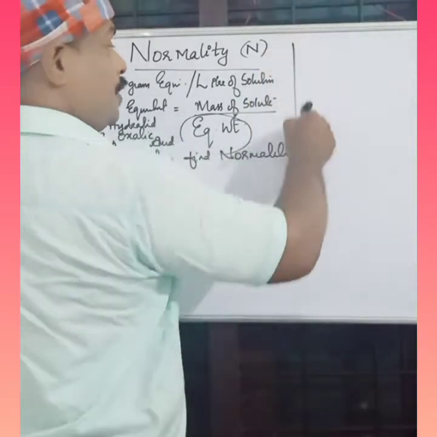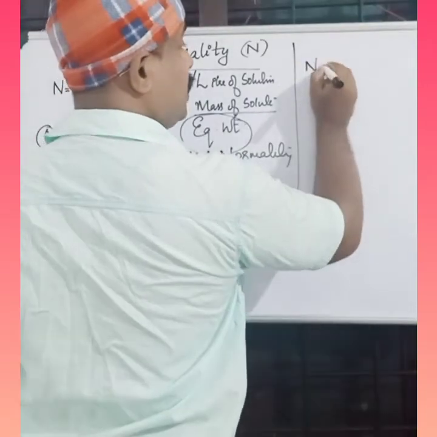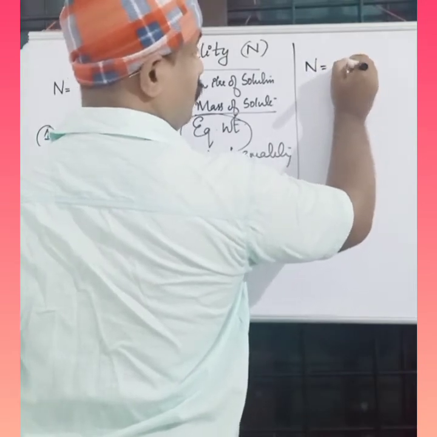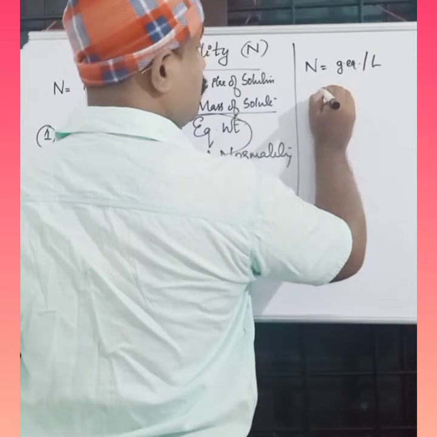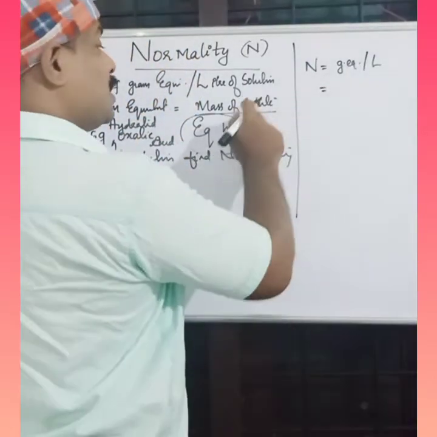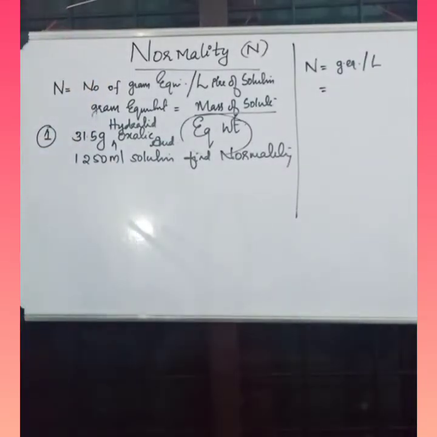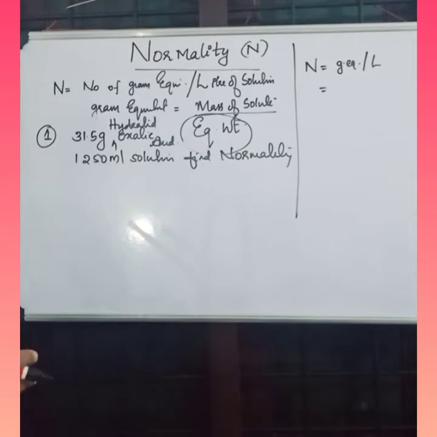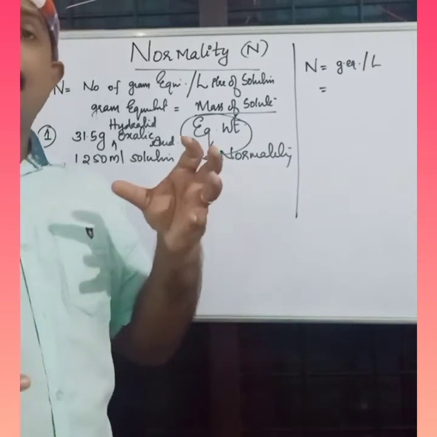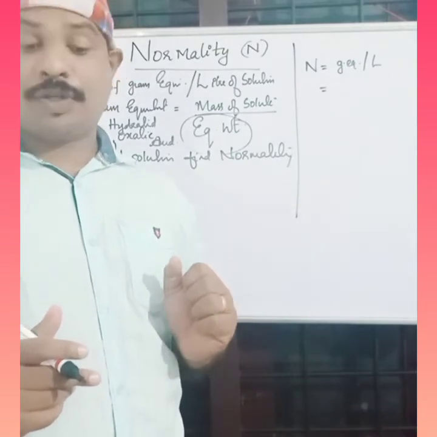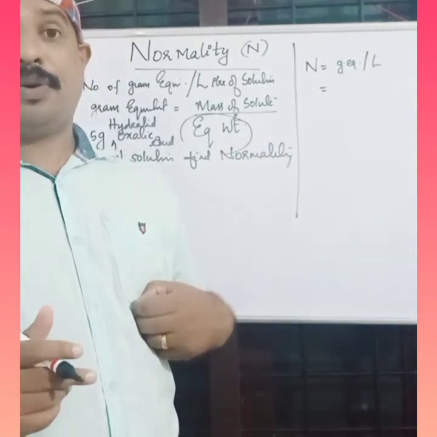We know the equation of normality: gram equivalents per liter. To calculate the gram equivalents, we need the mass of solute divided by equivalent weight. What is the formula of hydrated oxalic acid?